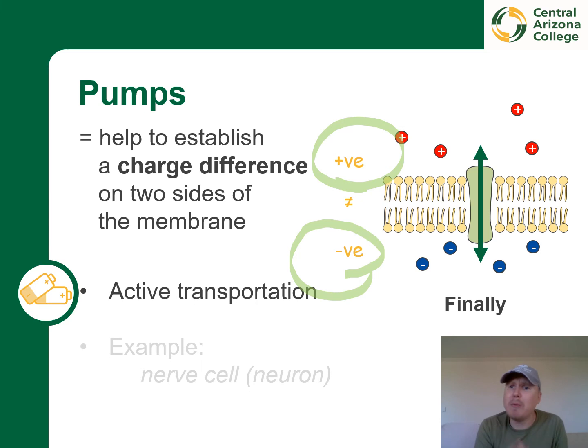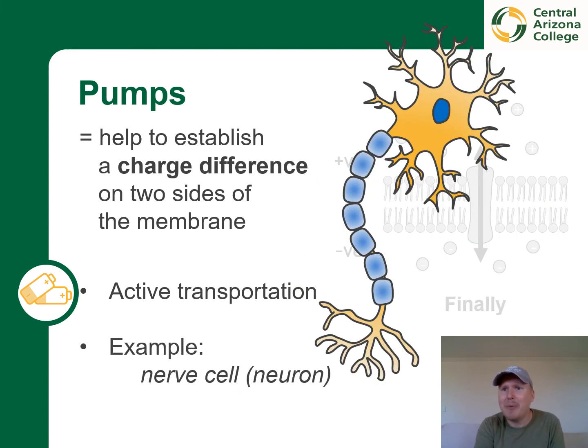Well, you might wonder, when can this be useful for us? Let's consider one example, which we see with neurons, our nerve cells. Nerve cells carry messages from one part of the body to another. And these messages are carried as electrical impulses, right?